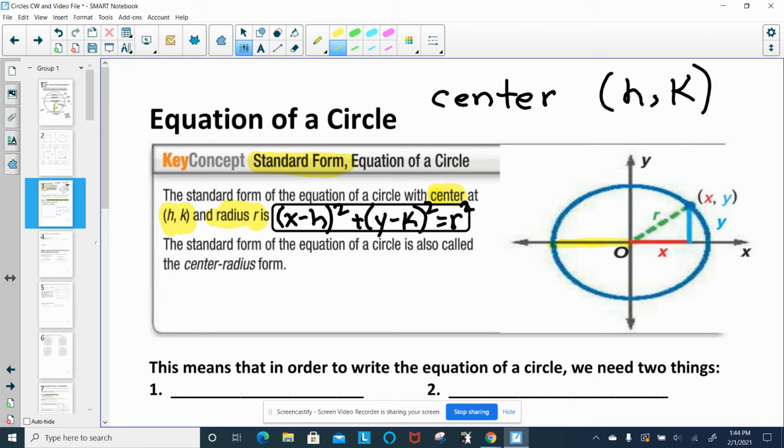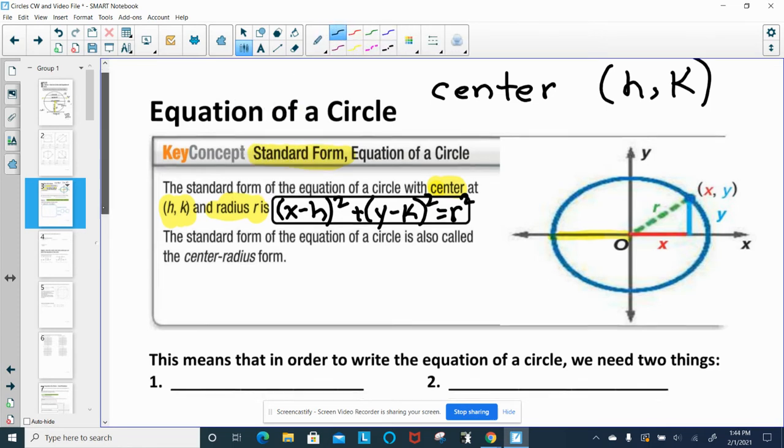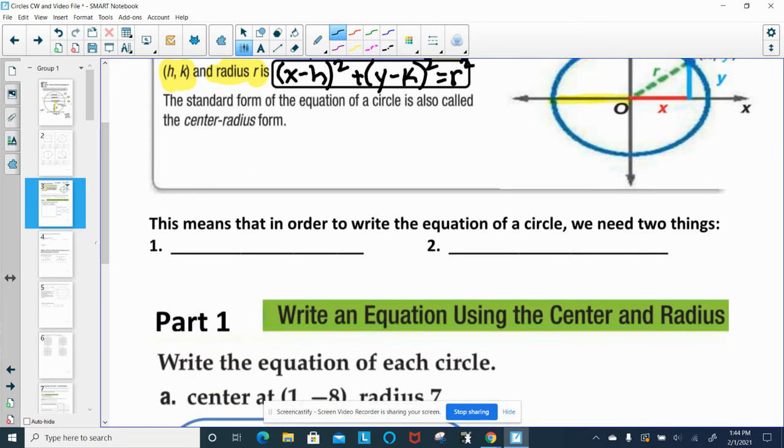Okay, so there are two things that we absolutely need to know in order to write the equation. We need the center point, and we need the radius. And that's a length. How long is that radius? If we have those two things, then this job is relatively easy.